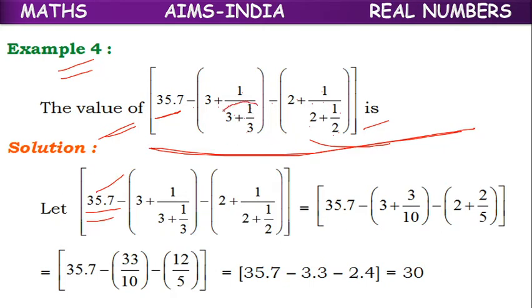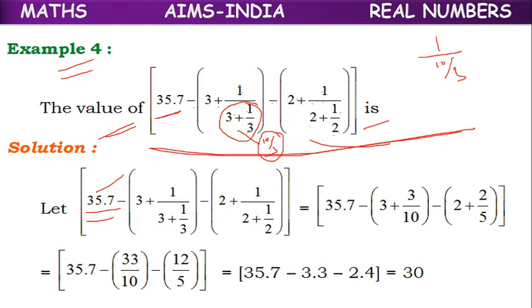But this part, 3 plus 1 by 3, 3 times 9 plus 1, 10 by 3. In the denominator we are getting 10 by 3, means 1 by 10 by 3.